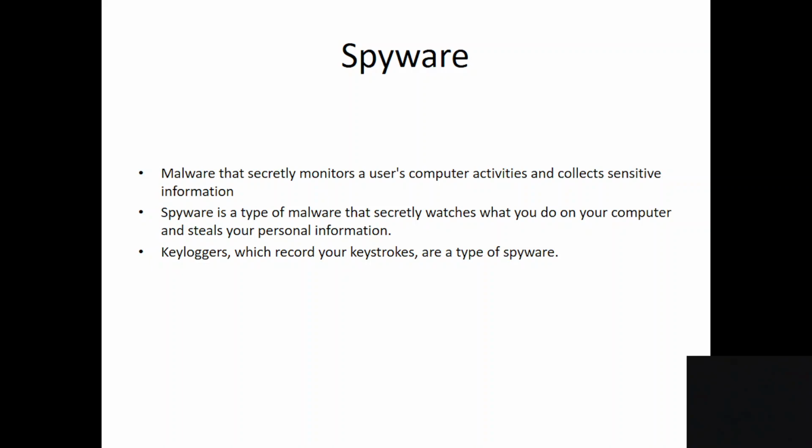For example, you and your brother are in your family, and you both have mobile phones and you want to know what he is doing on his mobile phone, or your children have mobile phones and you want to monitor them.